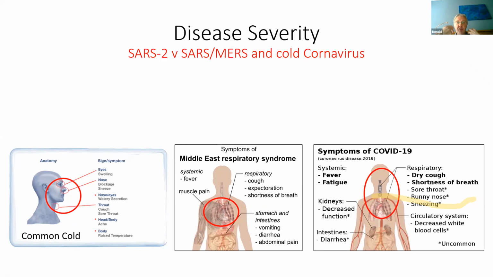It can infect cells, not only in your nose and mouth, but also in your lungs. And this is one of the reasons that SARS-2 is more severe than any of the previous ones. It can attach to any of these surfaces, get access, and also cause a more serious disease in the lungs.